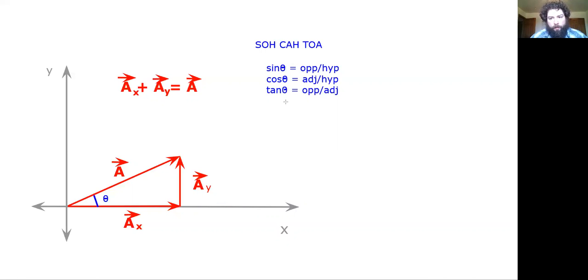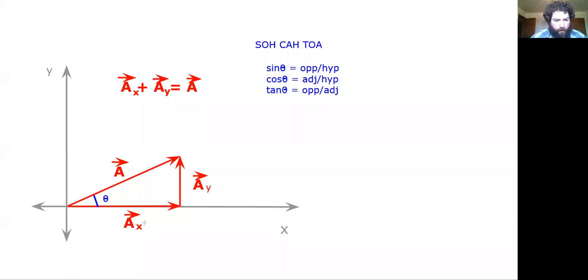Okay, so if we want to figure out what AX is just by A, we know the hypotenuse, and we want to find the adjacent side.